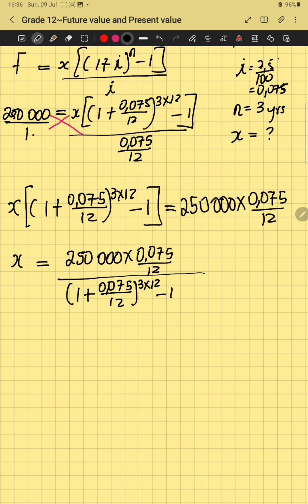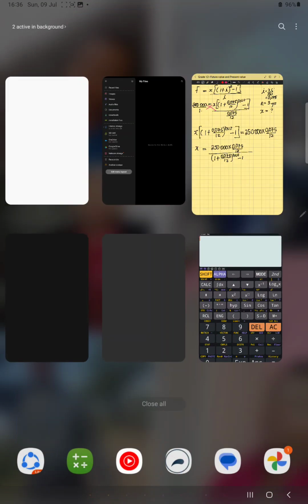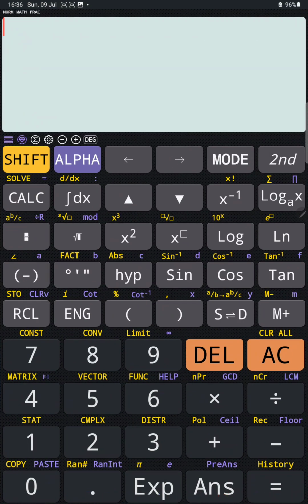The next step now is to use our calculator. Then we punch this in our calculator. Let's check how we go about working this out from our calculators.